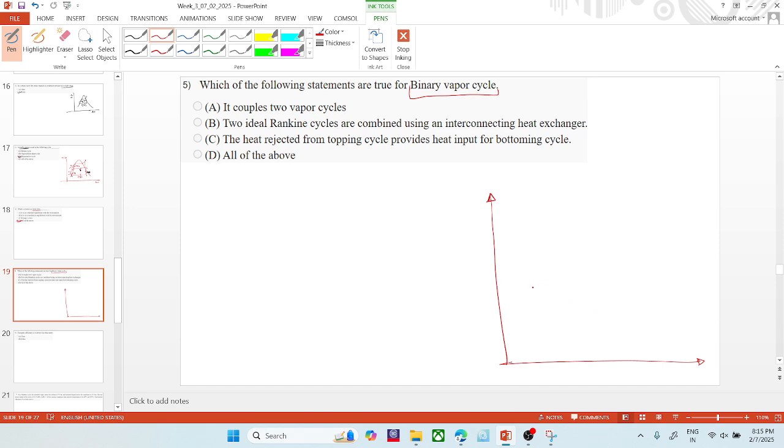There would be an upper and a lower cycle. The cycle would be like this, and the lower cycle would be like this.